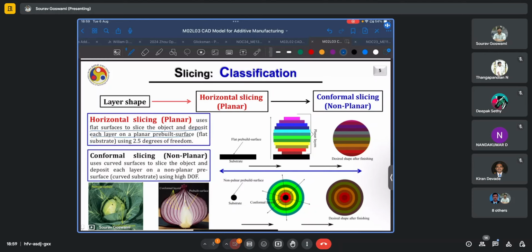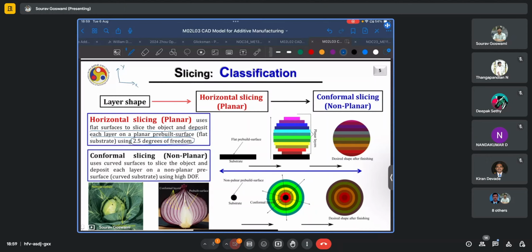That is a flat surface using 2.5 degrees of freedom. Professor Kapil explained why it's 2.5. So it's 1 degree for the X movement, 1 degree of freedom for the Y movement. And because the Z motion is not continuous but intermittent, we allot it 0.5 degrees of freedom. That is why it's called a 2.5 degrees of freedom process.